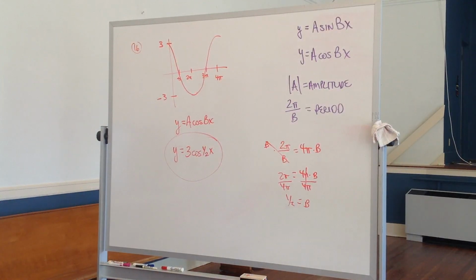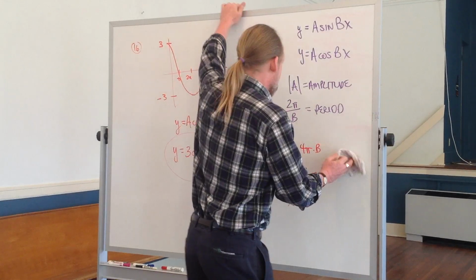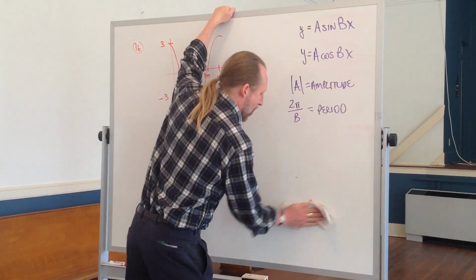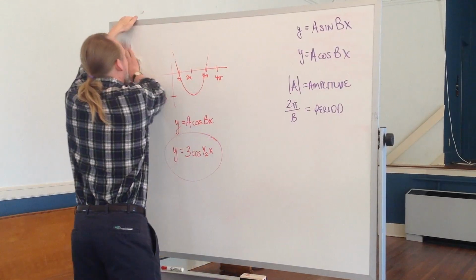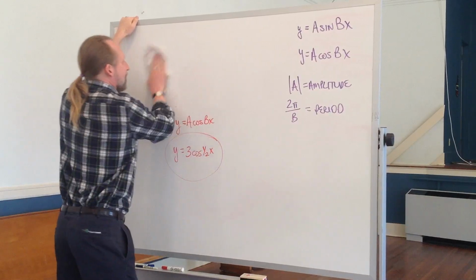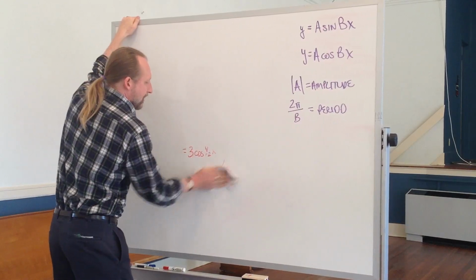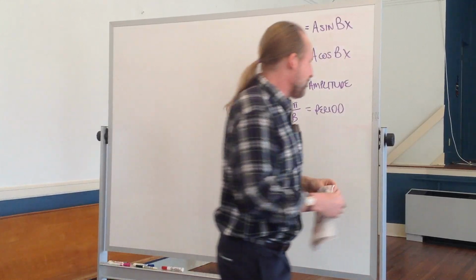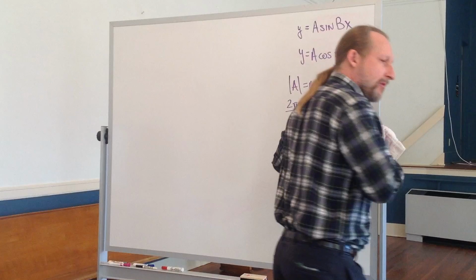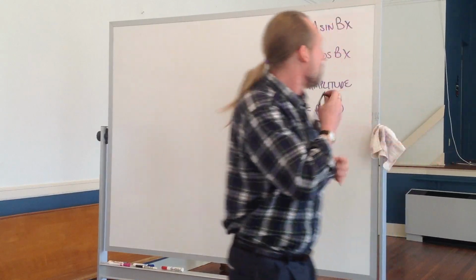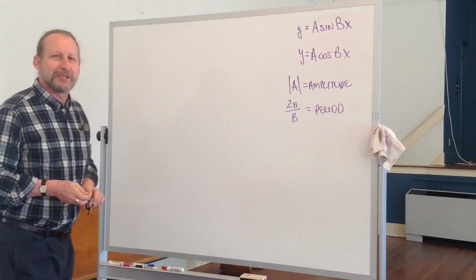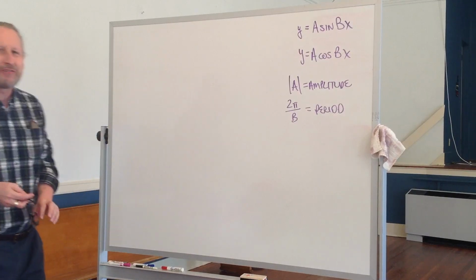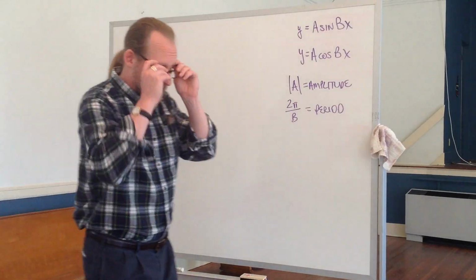Y is 3 cosine a half x. Okay. Well, that's problem 16. And again, if you want to look at these for longer than I leave them up on the board, then by all means, stop the video and rewind it and so on. In class, I would stand in front of it for a minute or so and check and make sure that everybody's got it before I erase it and move on.